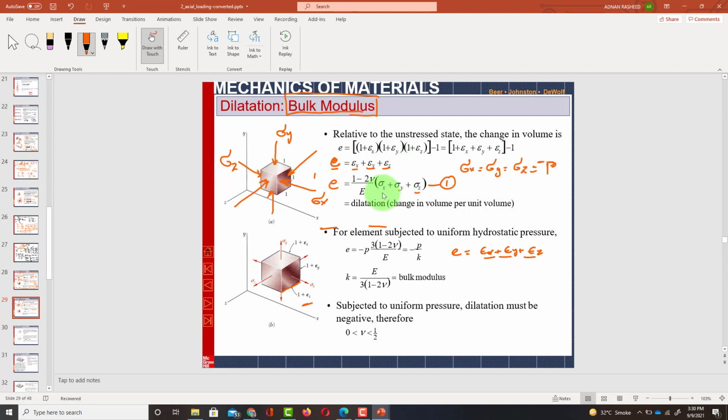So I will put the value, मैं इधर वैल्यू पुट करता हूं. सो e will be equal to 1 minus 2 times nu over E into sigma x की जगह minus P, sigma y की जगह minus P और sigma z की जगह minus P. सो ये हो जाएगा minus 3P. सो e will become equal to minus 3P into 1 minus 2 nu over E, जो कि यहां पे देखें ये लिखा हुआ है. क्लियर?